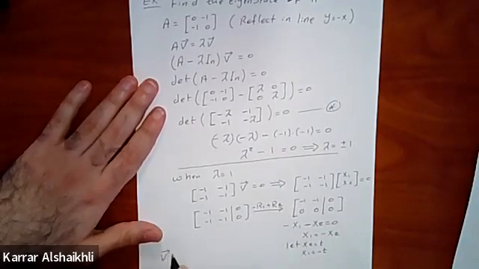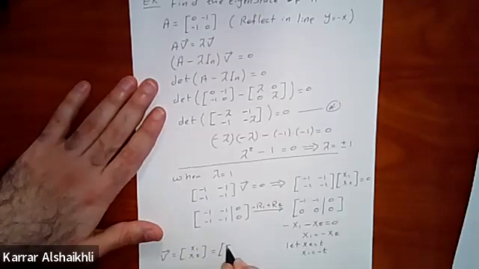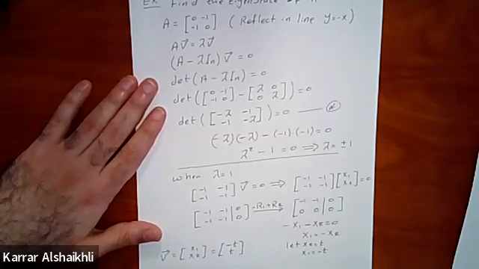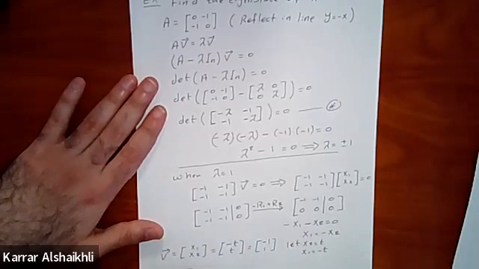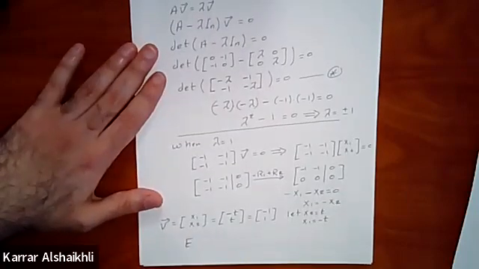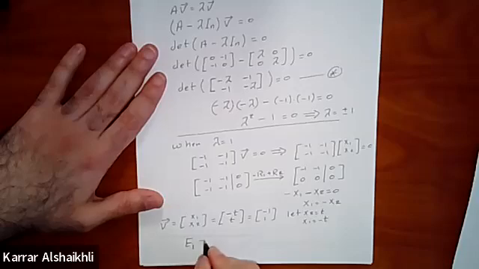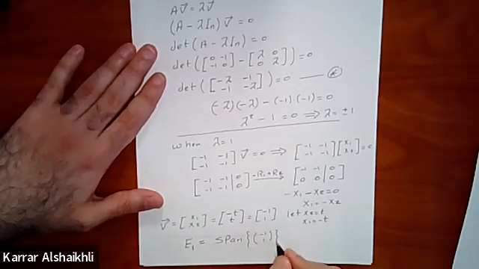The vector v is going to be x1, x2, which is equal to -t and t. If t equals 1, it's going to be -1 and 1. So the eigenspace when lambda equals 1 is going to be the span of -1 and 1.